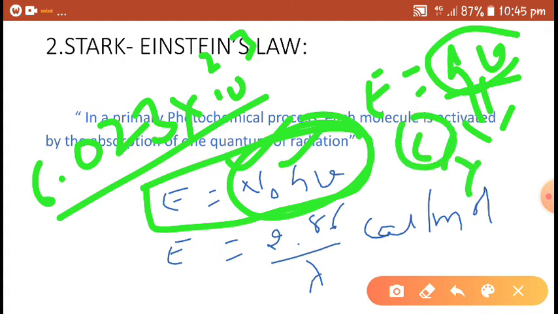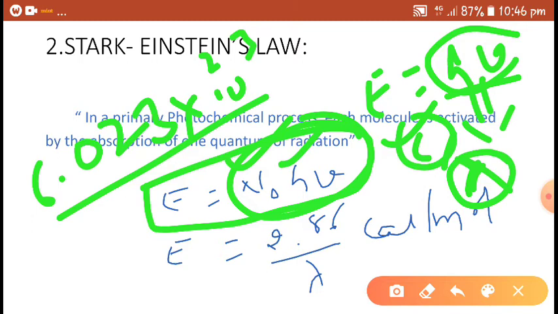Here c is the velocity of light, that is 3 into 10 to the power of 10 centimeters per second. Lambda is the wavelength of the light. So substituting all these values, we get the value of E, that is Einstein.